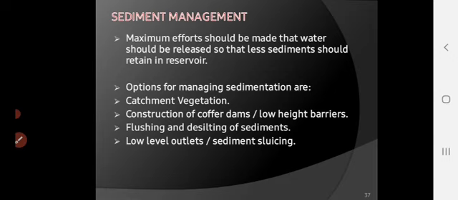So these are the measures taken to remove sediment or to control the sediment deposition in the reservoir, and thereby we can save the reservoir capacity or increase the useful life of the reservoir, right?